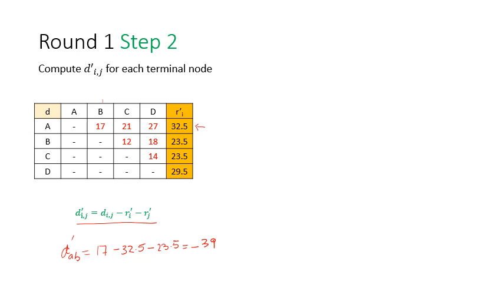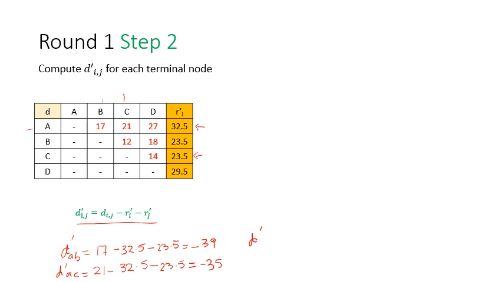Similarly, now ij will be A and C. So d prime AC is equal to the distance of A to C, which is 21, minus R prime A, which is 32.5, minus R prime C. R prime C value is 23.5, and here you will get minus 35.